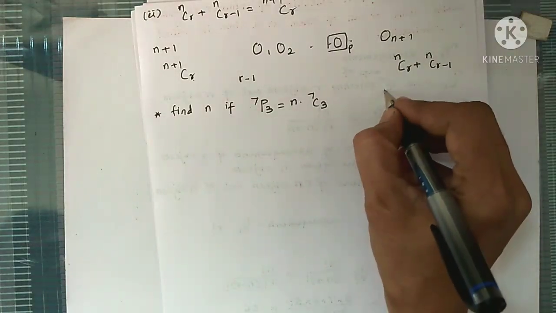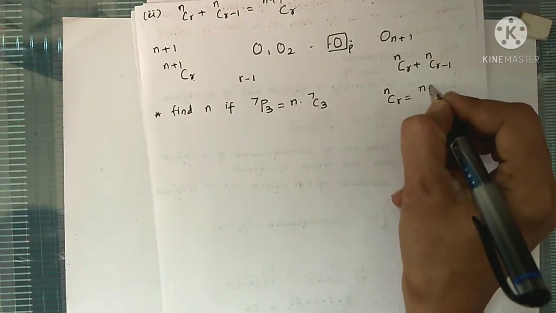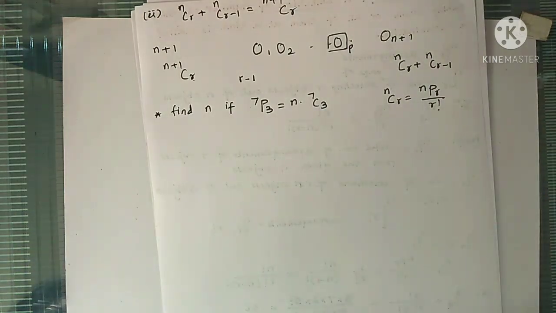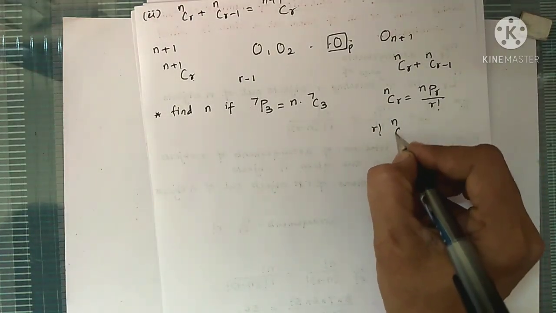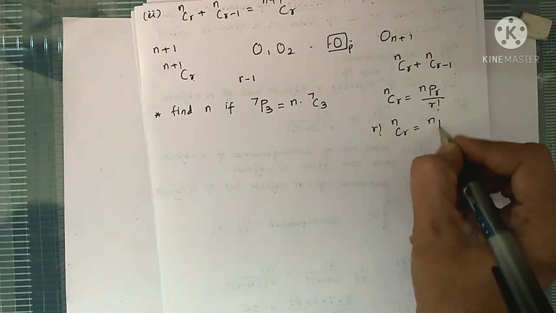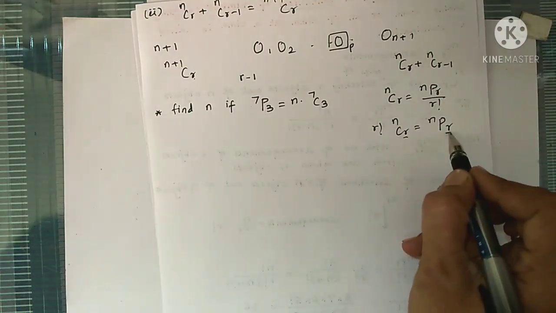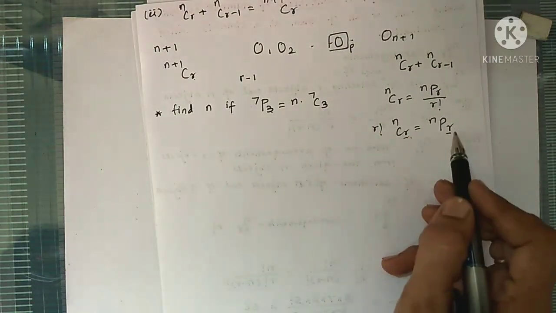So what is the formula? Formula is nCr is equal to nPr upon r factorial. See, using this property also we can solve this question. So if I write like this, cross multiplying, r factorial into nCr equal to nPr. Now why am I using this? Because these two numbers are the same here. See, nCr, nPr.